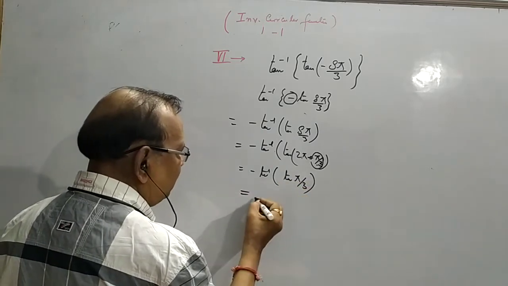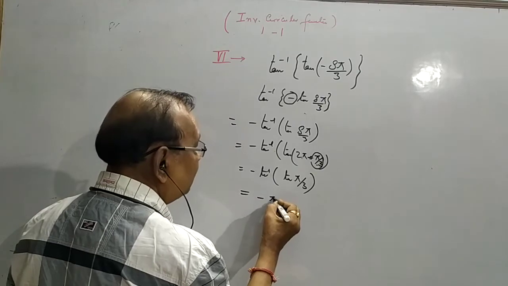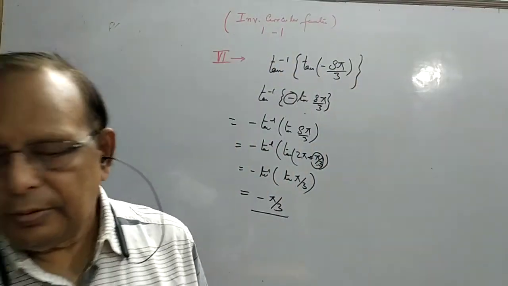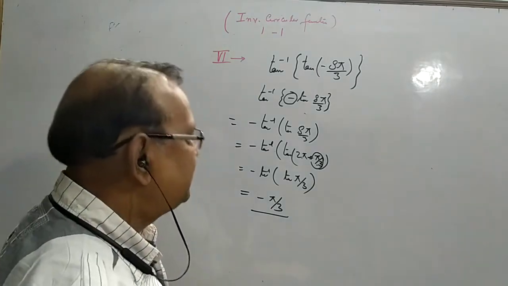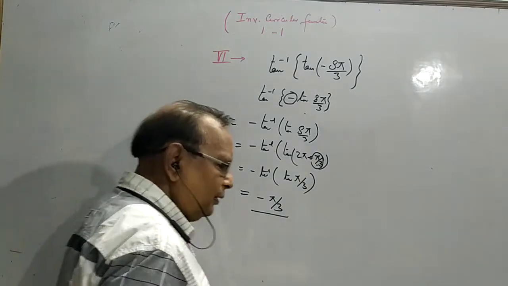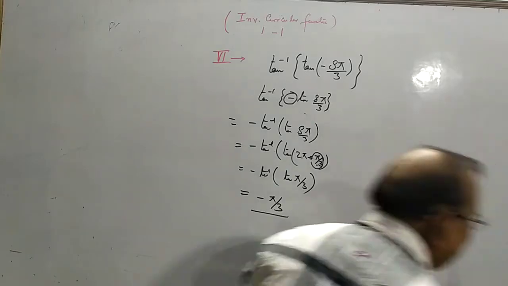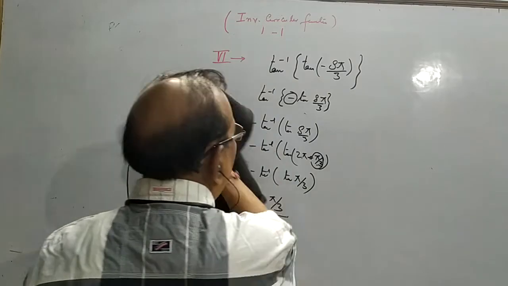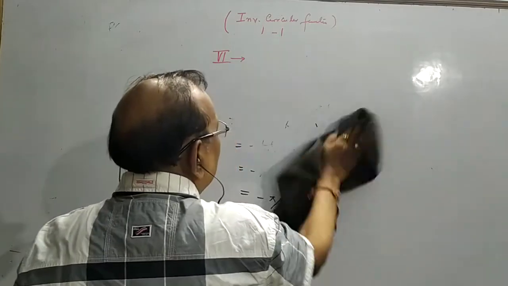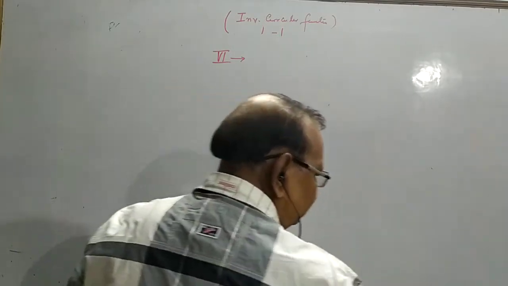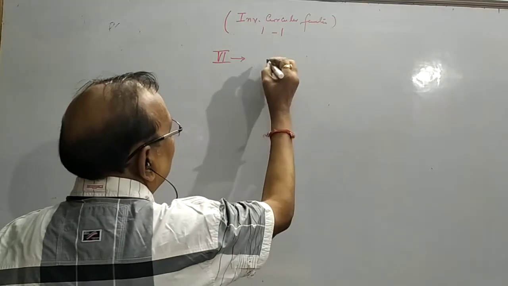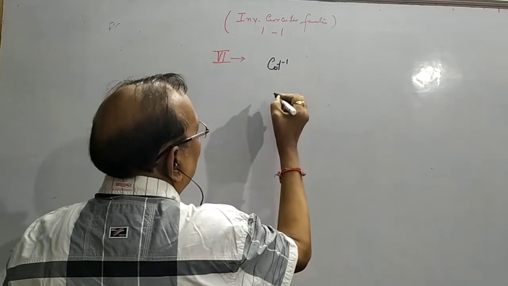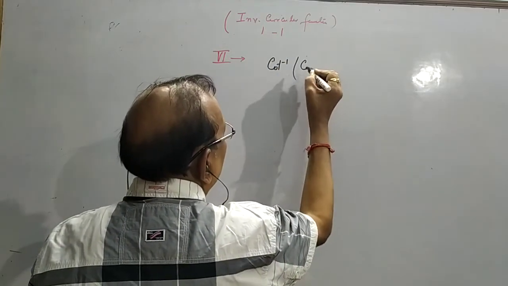That is lying in the principal value, so it is equal to minus pi by 3. You may take one more step, but don't avoid it. You have to write full steps to make it correct. Sometimes it may be wrong otherwise. Now, consider cot inverse cot.